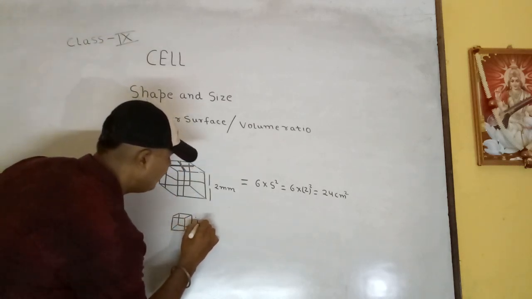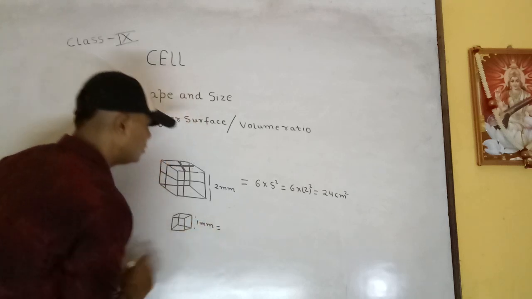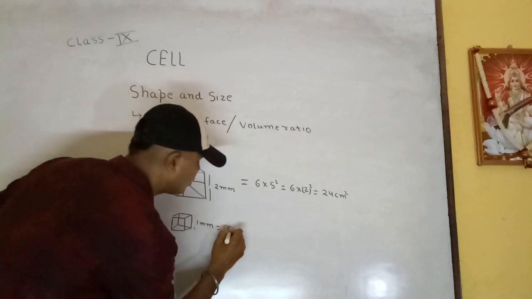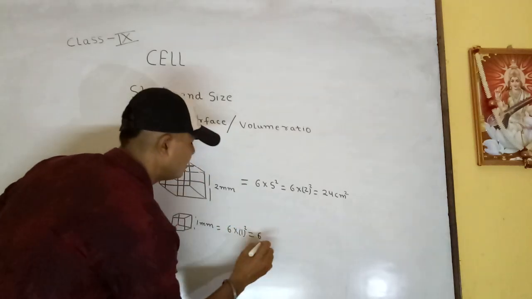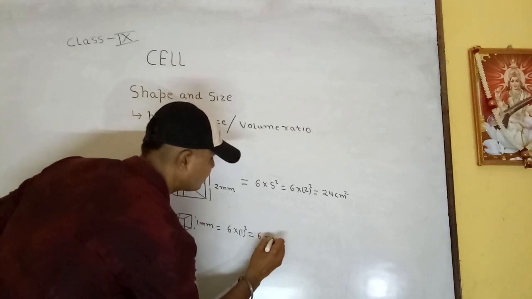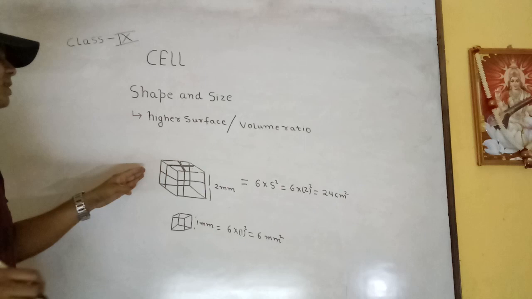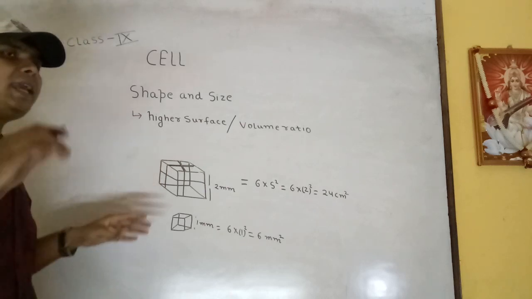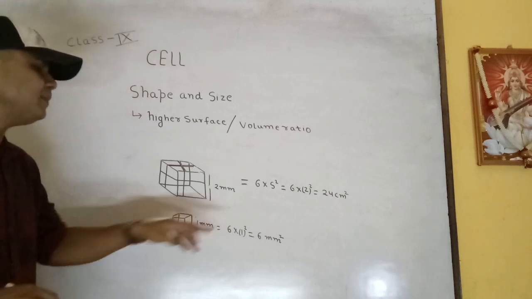So what will be the surface area? 6 into 1 square is equal to 6 millimeter square. We have divided the larger cube into 8 equal parts. Now the surface area of one cube will be 6 millimeter square.